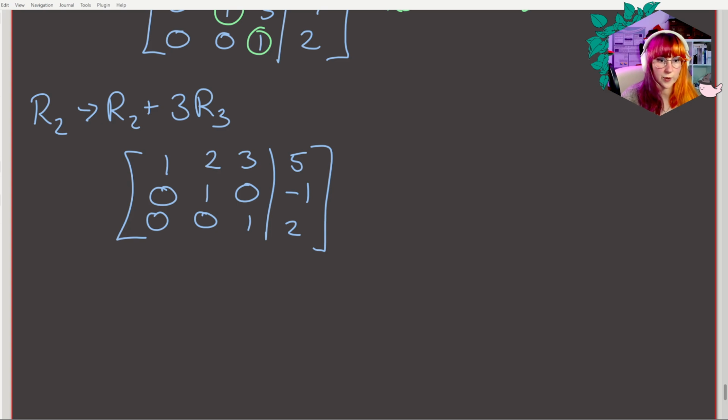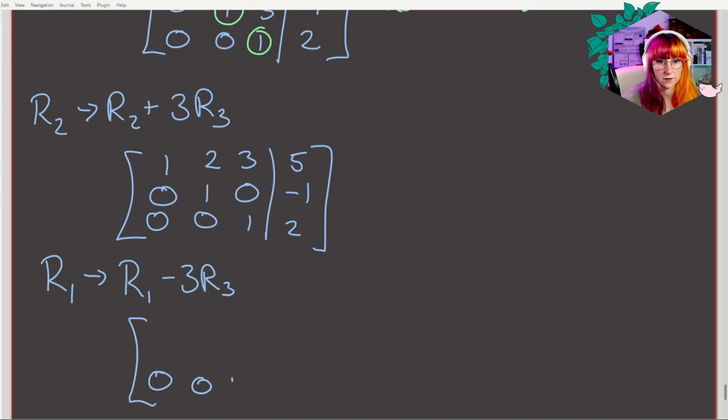Now we need to do 2 more operations to row 1. So again, we'll stay in that rightmost column, and we'll do R1 goes to R1 plus minus 3 R3. 0, 0, 1. It's very weird writing a matrix from the bottom, but we're not touching the bottom 2 rows, so it makes sense to do.